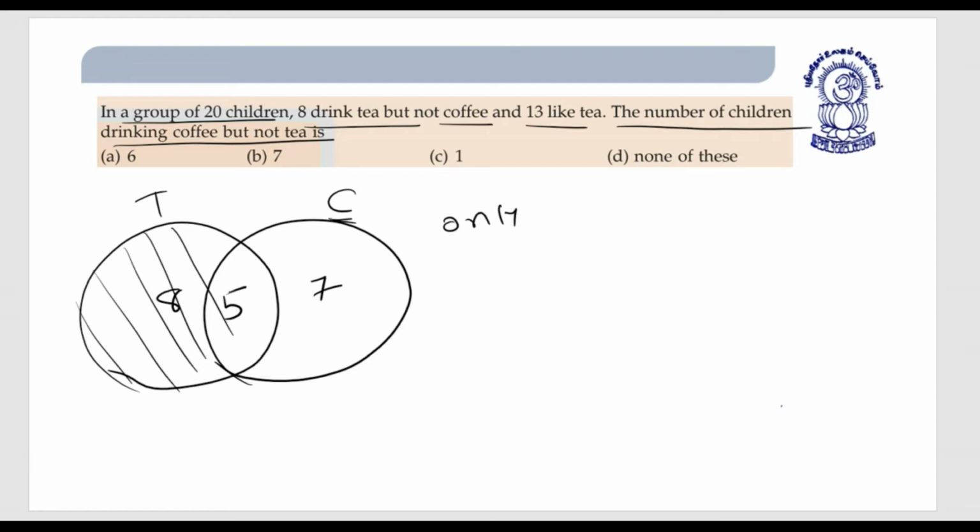Only coffee is 20 minus 8 minus 5, which is equal to 7.